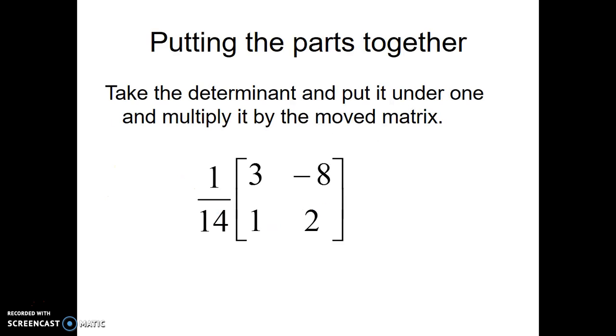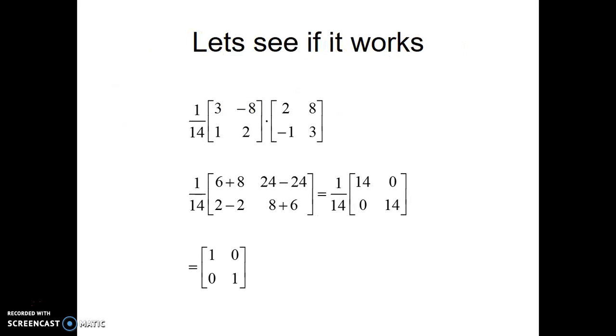Last step, we put those two things together. We take the determinant, put it under 1, and multiply it by our new matrix. Pretty much what we're doing is taking our new matrix and dividing it by the determinant, which is the exact same as multiplying it by the fraction we have here. So we take the determinant, which was 14, put it under the 1, and multiply it by our new matrix.